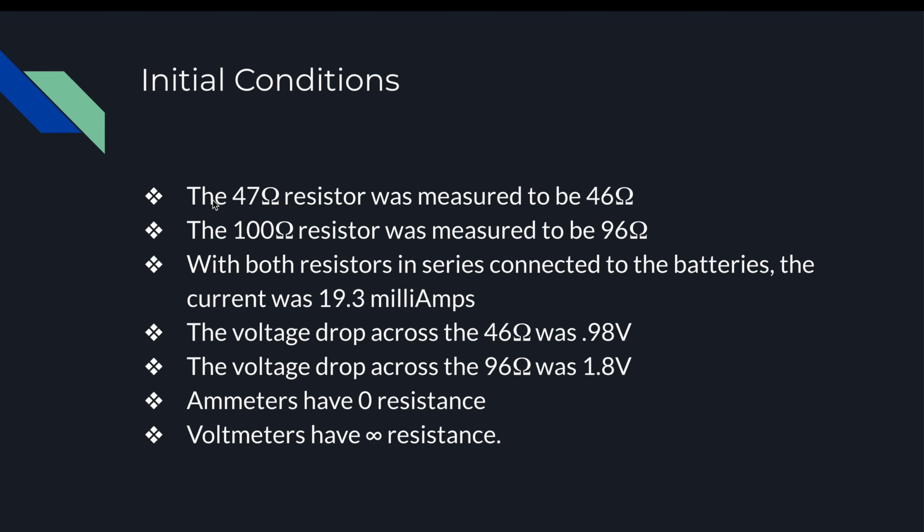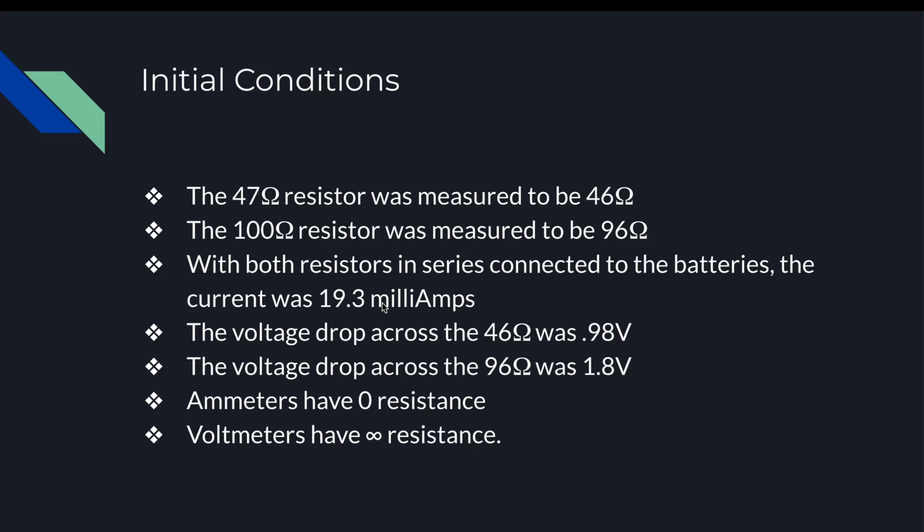Initial conditions. We measured the 47 ohm resistor to be 46 ohms of resistance, and the 100 ohm resistor was measured to be 96 ohms. With both resistors in series and connected to the battery, the initial current is just 19.3 milliamps.